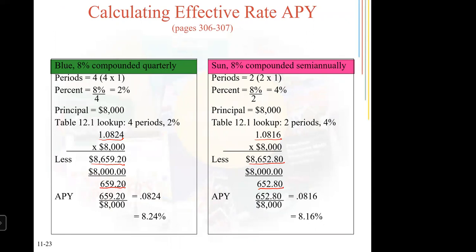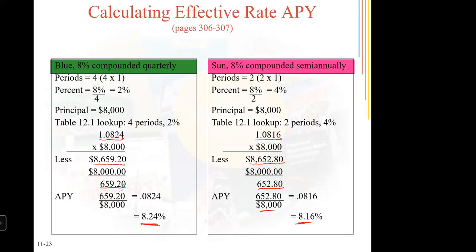So compounding quarterly works out, because you got 659.20 as your interest, and when you put that over 8,000, it works out to 8.24%. Whereas when it compounded semi-annually, you work it out as a percentage of your investment of 8,000, it ends up being 8.16%.